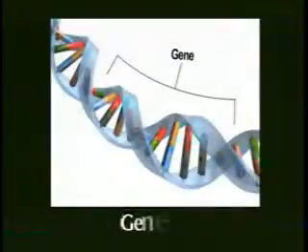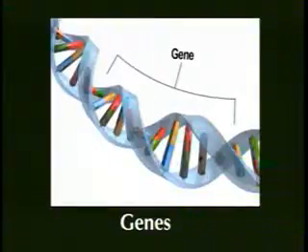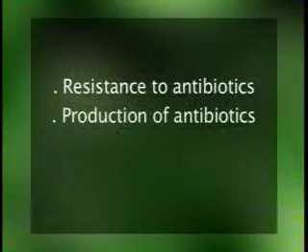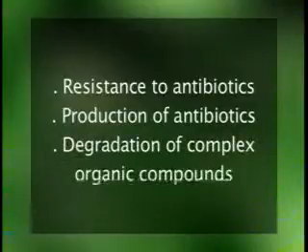The plasmids of most bacteria are circular, but linear plasmids are also known, which superficially resemble the chromosomes of most eukaryotes. Frequently, plasmids contain some genes advantageous to the bacterial host, for example, resistance to antibiotics, production of antibiotics, and degradation of complex organic compounds.